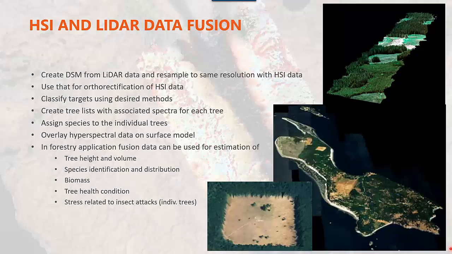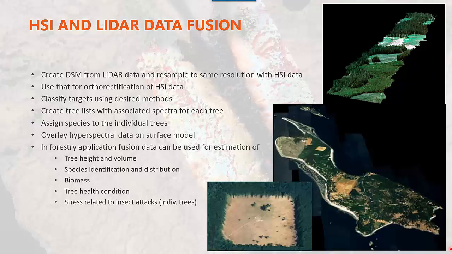Then a simple example for hyperspectral and LiDAR data fusion. This is a forestry application. You first create a digital surface model from LiDAR data and resample that to the same resolution as the hyperspectral data. Then you use that for auto rectification of the hyperspectral data.